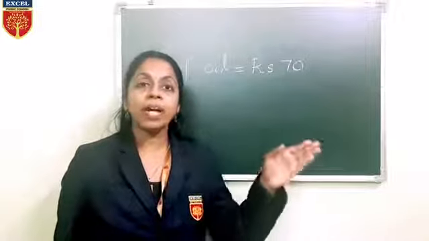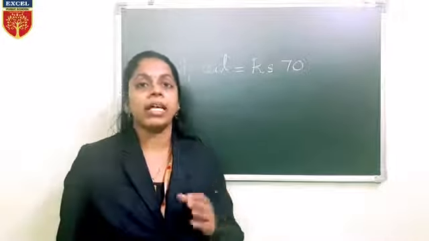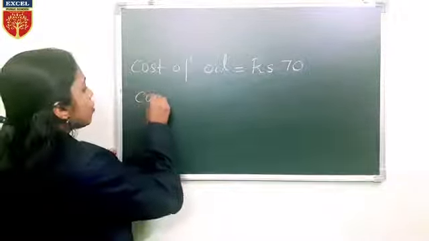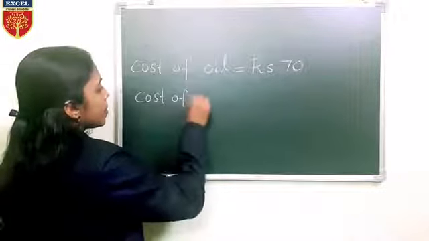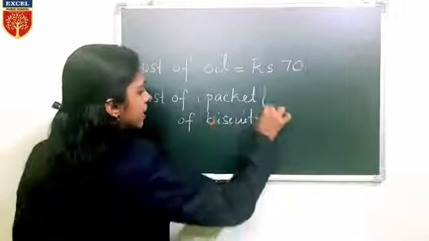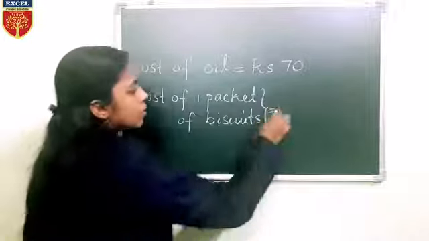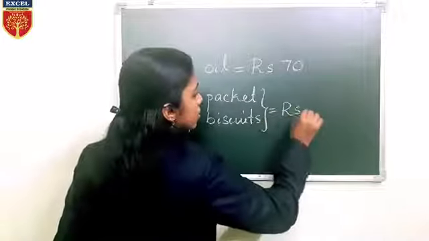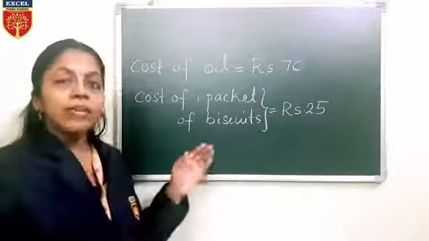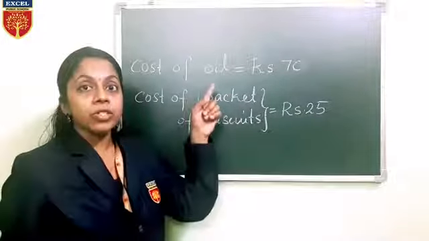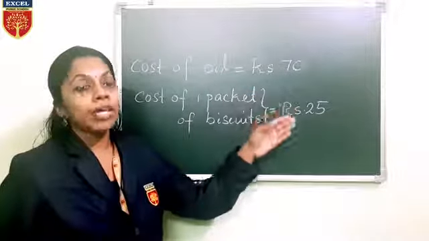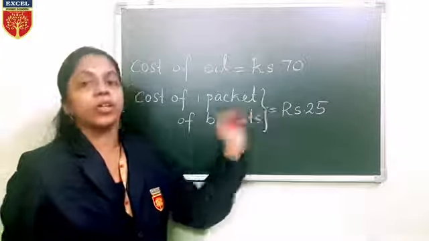What is the cost of one packet of biscuit? Yes, rupees 25. So the cost of one packet of biscuits is equal to rupees 25. We need to find whether the cost of oil is rupees 40 more than this biscuits or not.